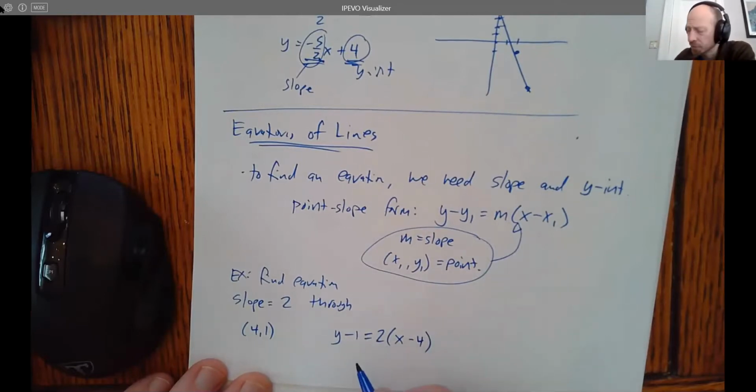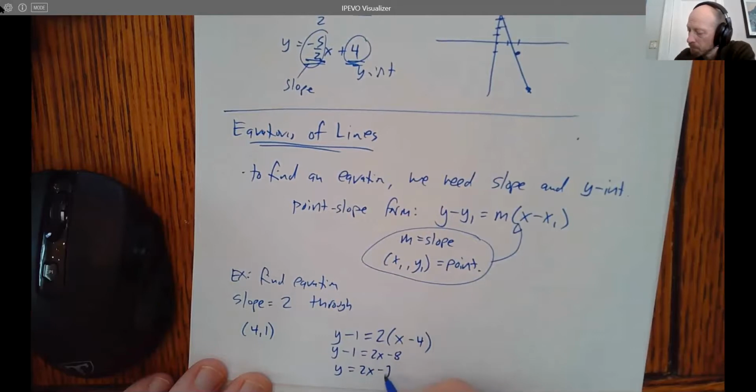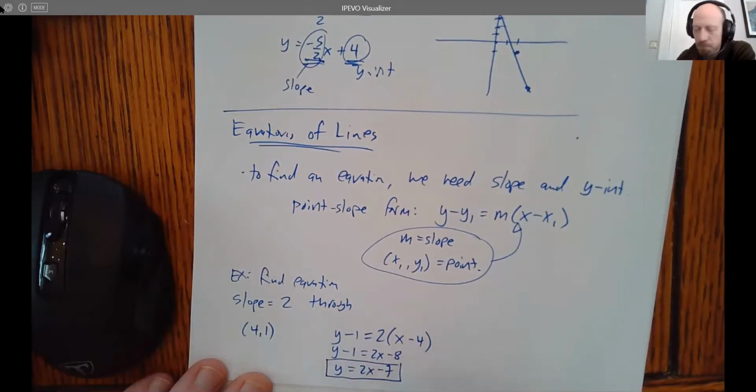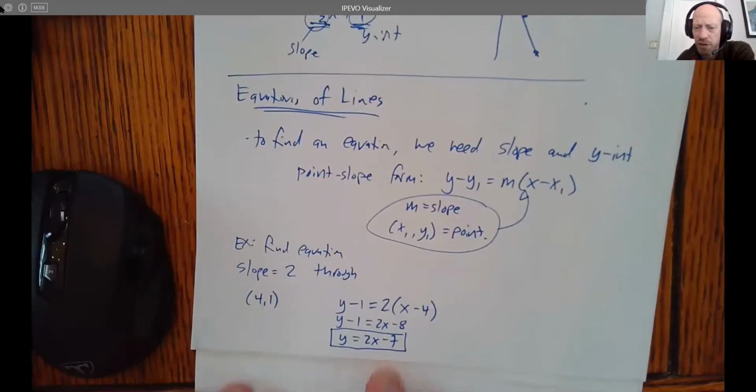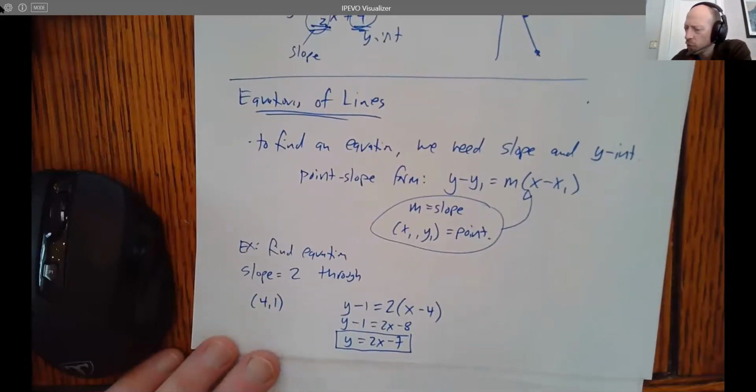Now I just have to do a little simplification to get that in the right form. So that's the straightforward approach when you have a point and a slope.